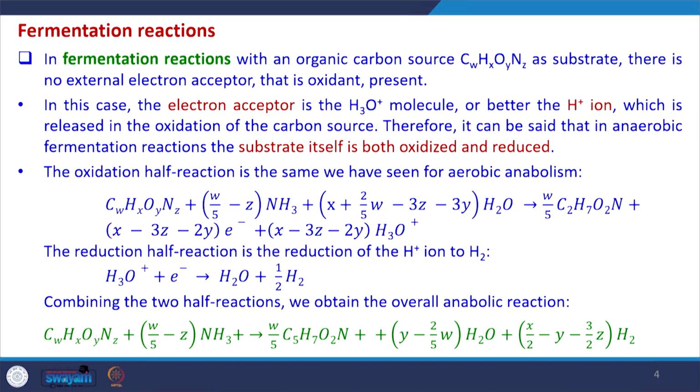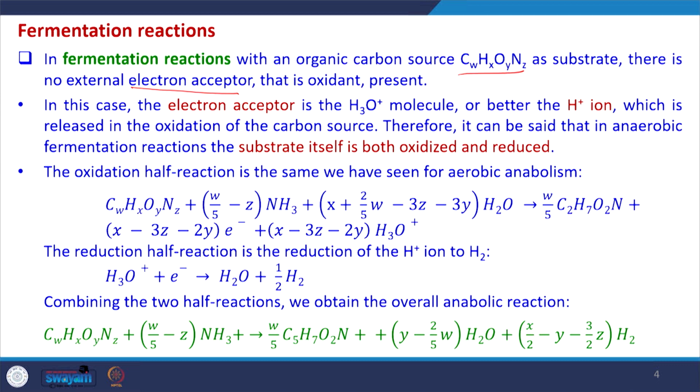Now, what happens in the fermentation reactions? There is another type of reaction possible in wastewater treatment, which is fermentation. In fermentation reactions with an organic source, which we have been using in the previous lecture also, there is no external electron acceptor, that is, no oxidant.